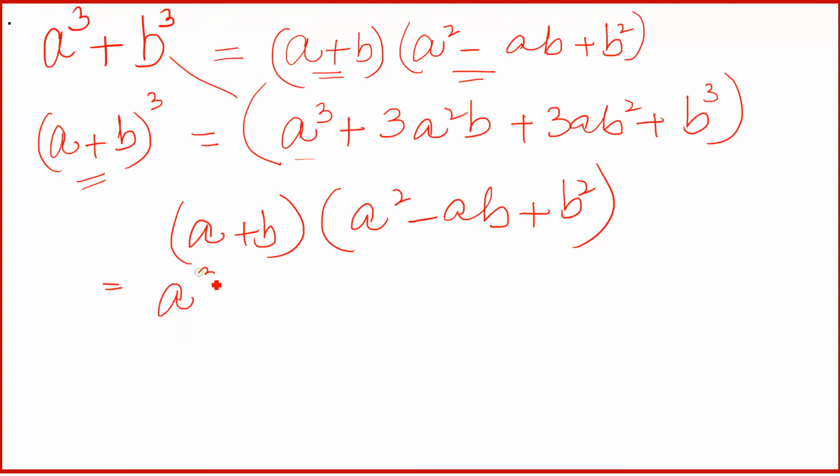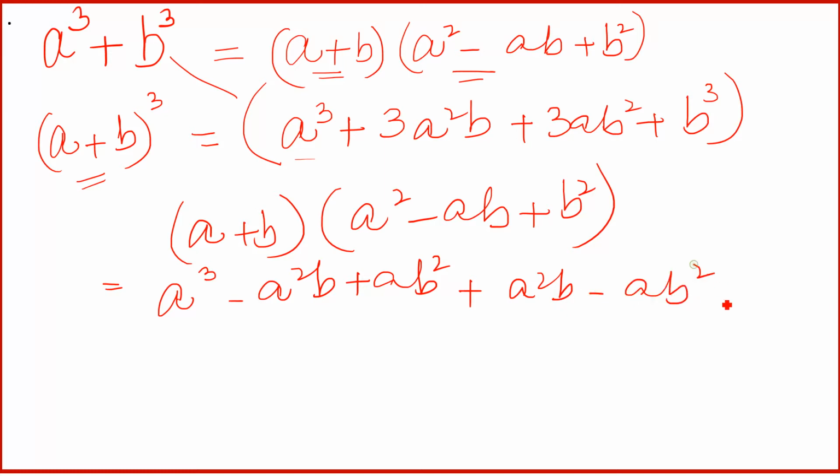You know how to multiply: we add the exponents of the same base. So a cube is here, then minus a square b and plus a square b, the same thing with opposite signs, will cancel each other. Minus ab square and plus ab square will cancel. What is remaining? a cube plus b cube.